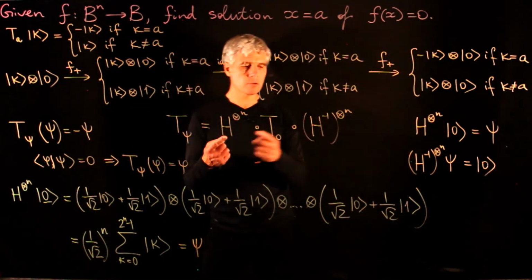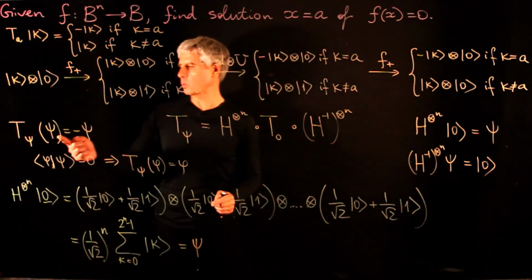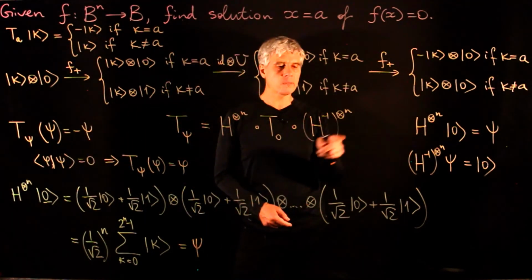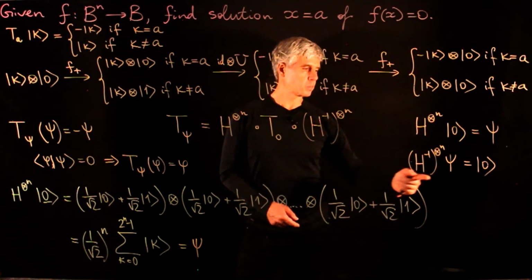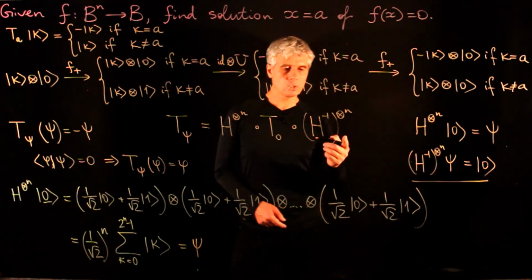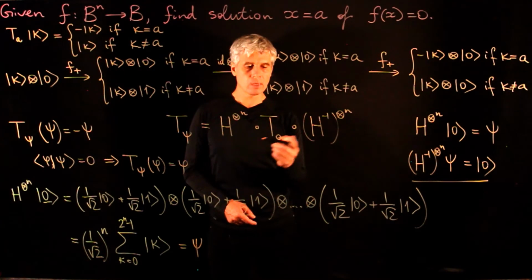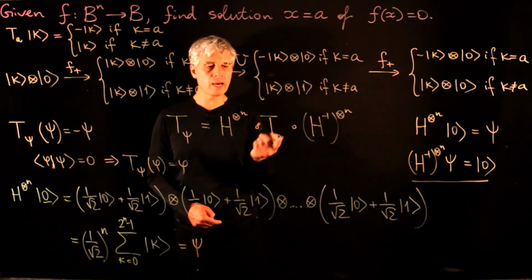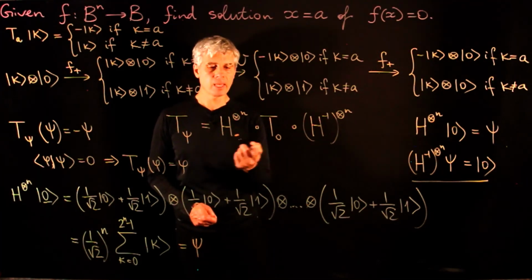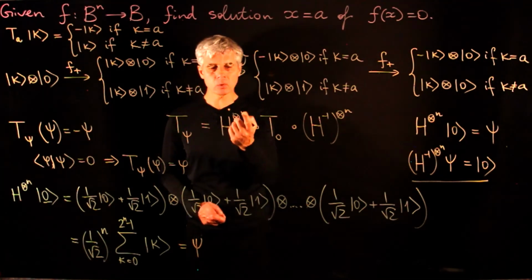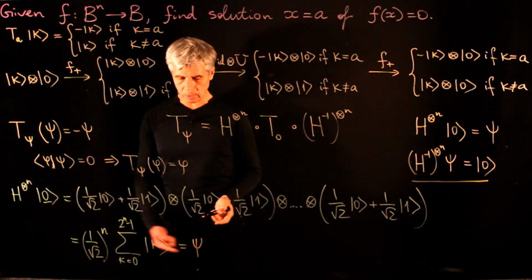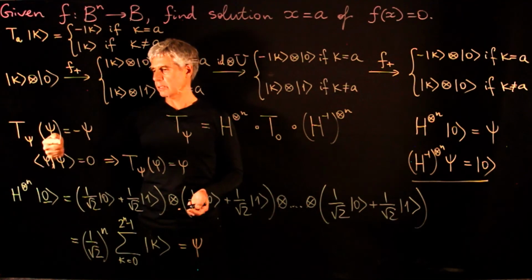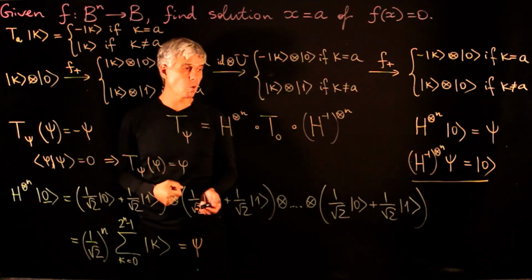Let's take this right-hand side and apply it to the state psi. Then when we apply the last factor to psi, by this expression, we're going to get the 0. Then if we apply T_0 to 0, then we pick up a negative sign. And then when we apply Hadamard to 0, we get the state psi, but now with a negative sign. So this means that the state psi goes to its opposite.